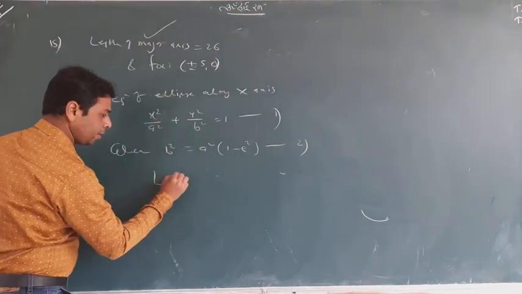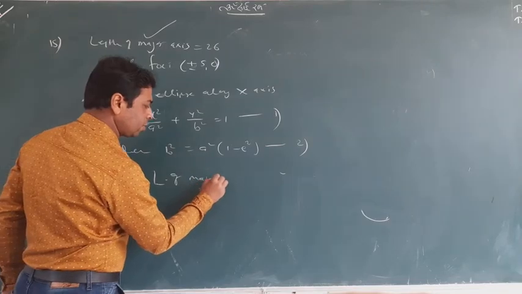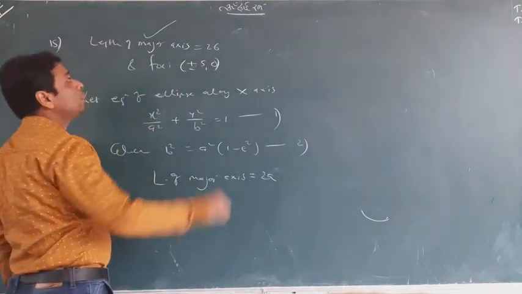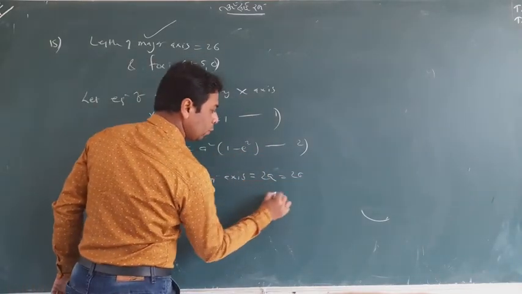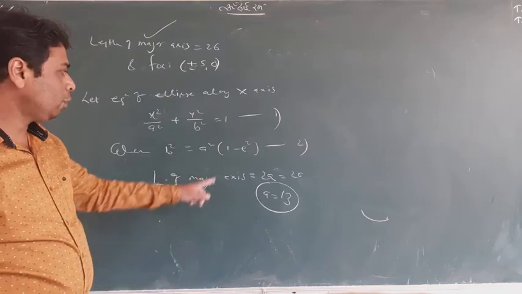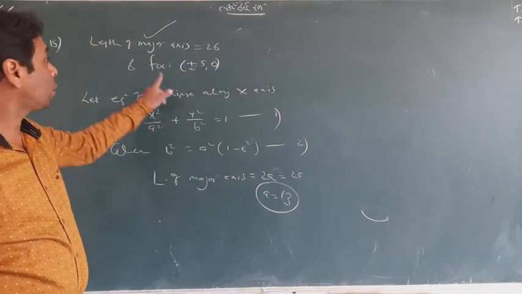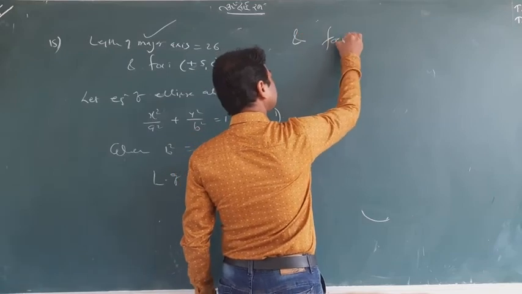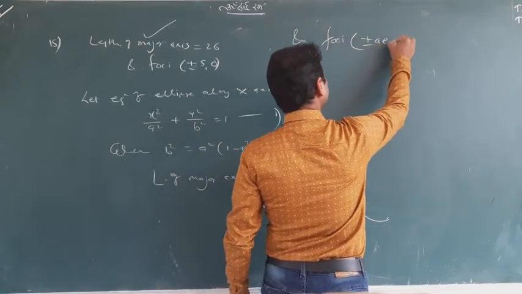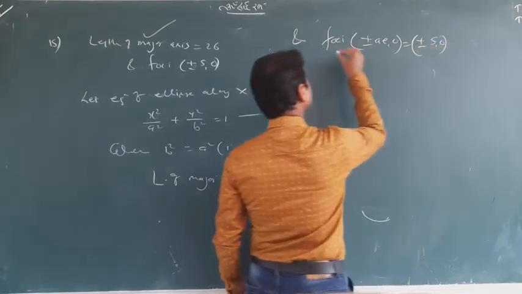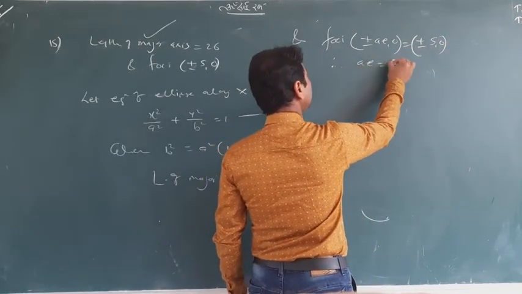The length of the major axis is 2a, which is given as 26. So you got a equal to 13. Now I will use the formula for focus. The focus is (ae, 0), and it is given as 5, 0. So ae is equal to 5, and the value of a is 13.